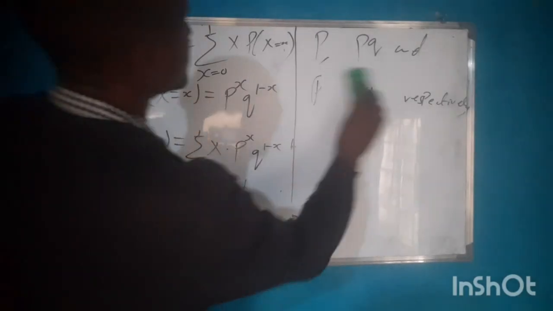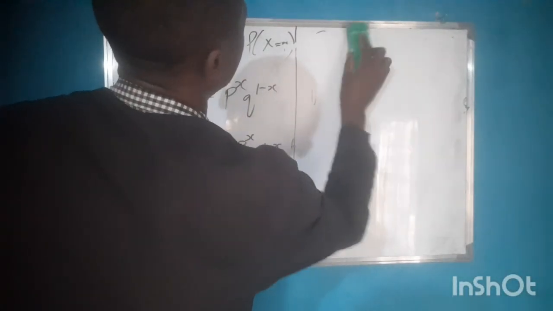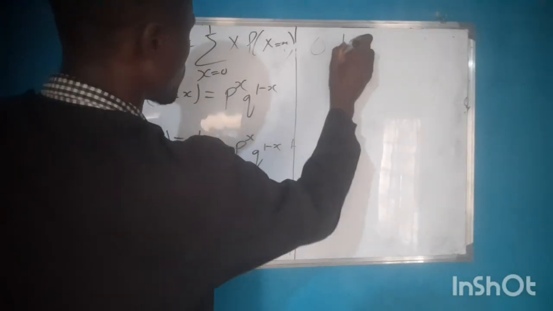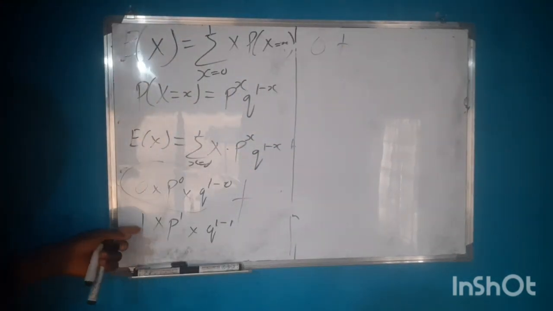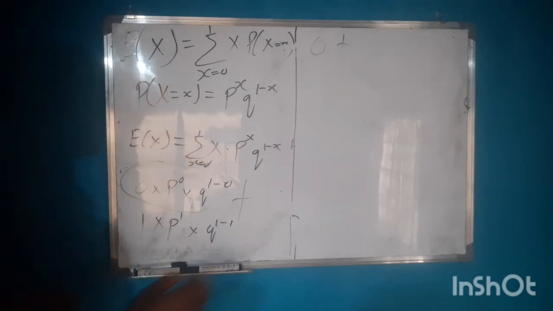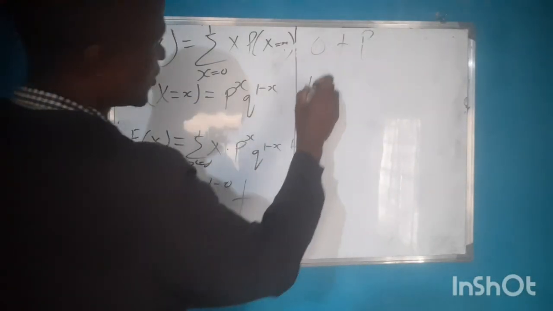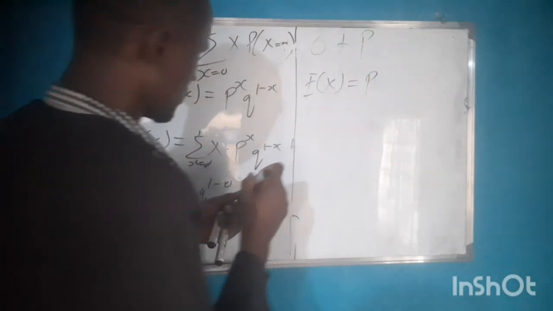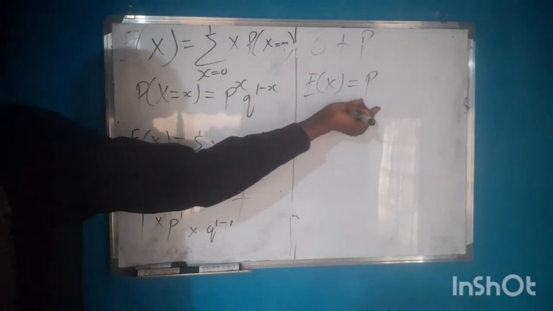So we have 0 plus P to the power 1 times Q to the power 0, which gives you P. So the expected value of X is equal to P, which is the probability of success.